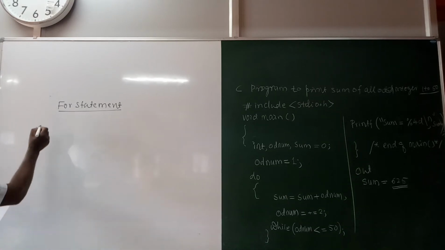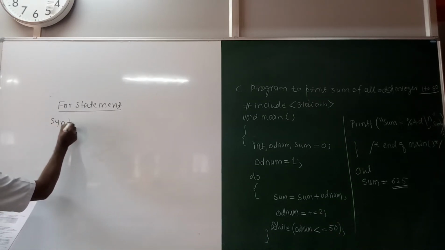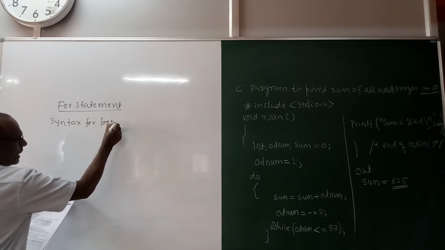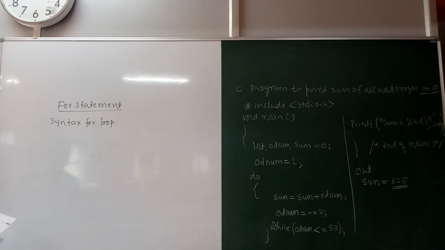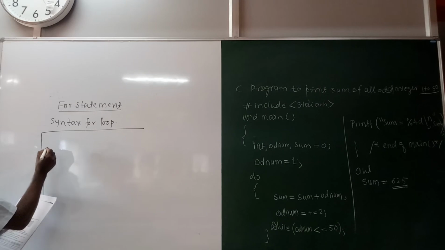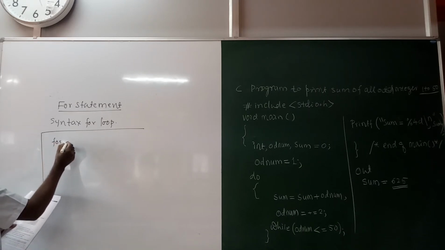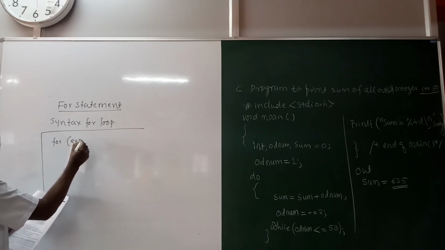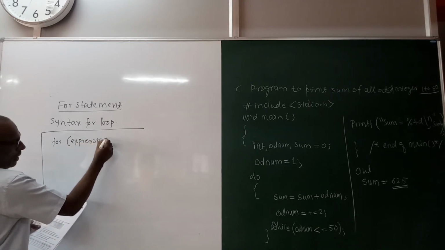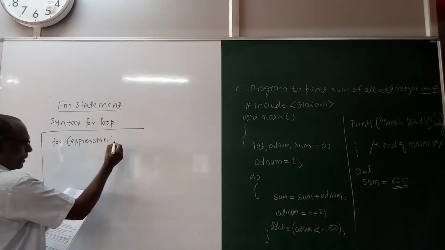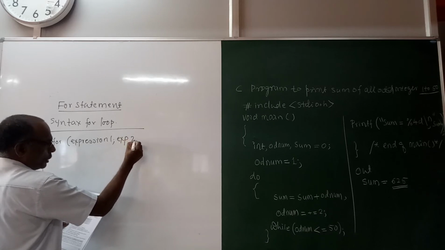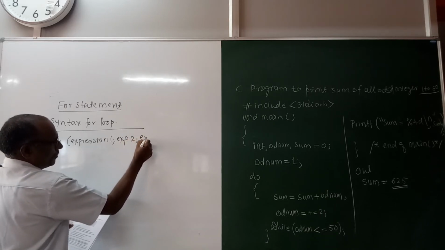Let us write the syntax for this. Syntax of for loop. Here I will write in a box: for, expression 1, semicolon, expression 2, semicolon, expression 3.